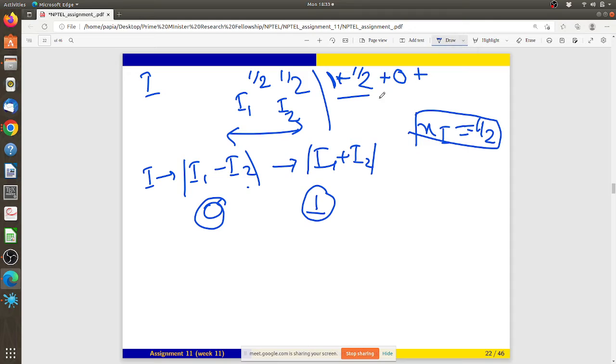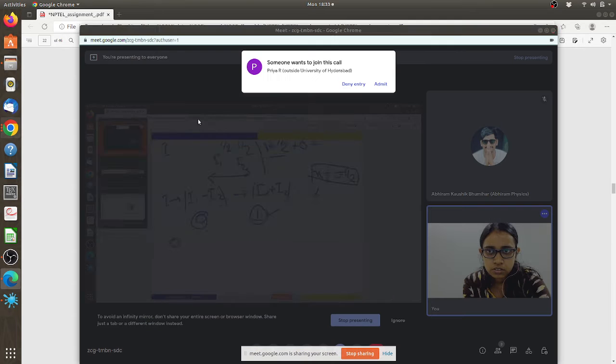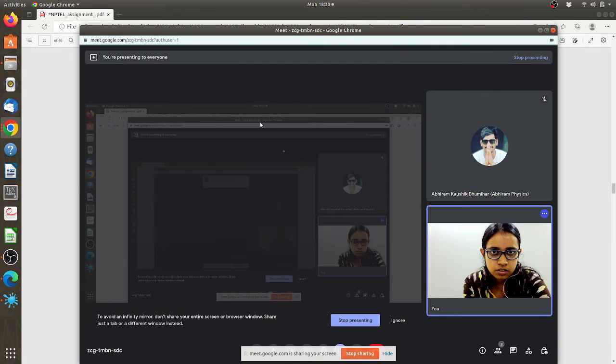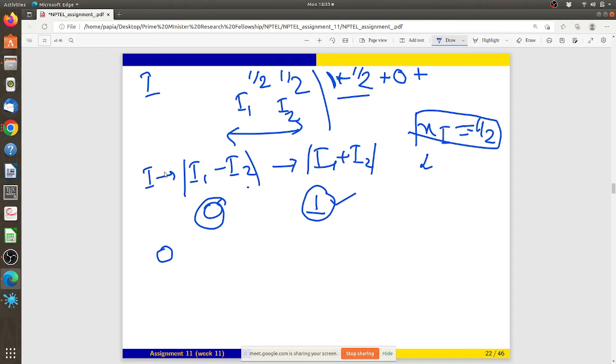Okay, yes. So in that left hand side the I value is 0, because we can't take the I value as plus 1, as if I take the I value as plus 1, then xi will be minus half, which is not possible. So I am taking the other option, that I should be 0.